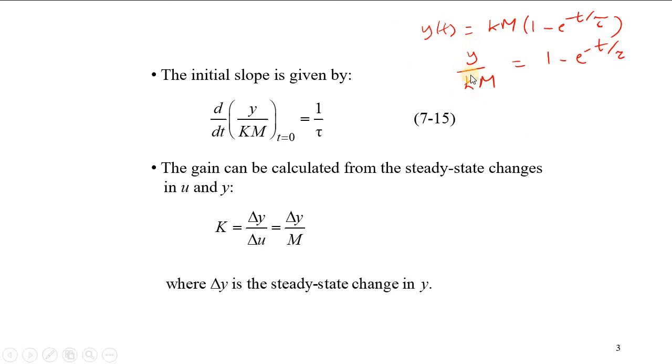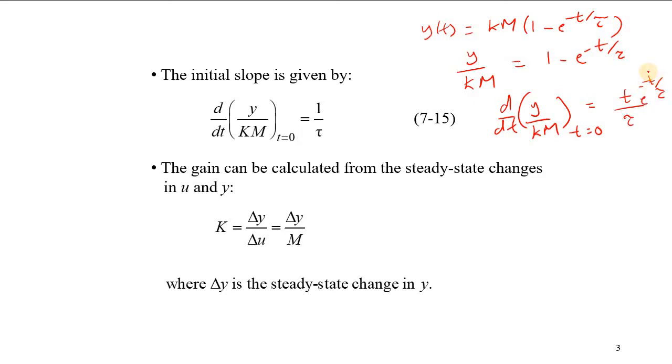Taking the derivative of the first part at t equal to 0, the derivative of 1 is 0, and the derivative of e to the power minus t over tau, actually it is minus into minus, so it is 1 over tau into e to the power minus t over tau.